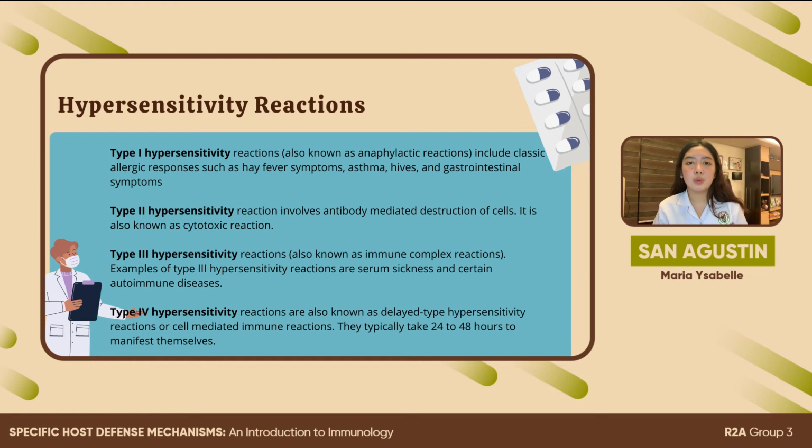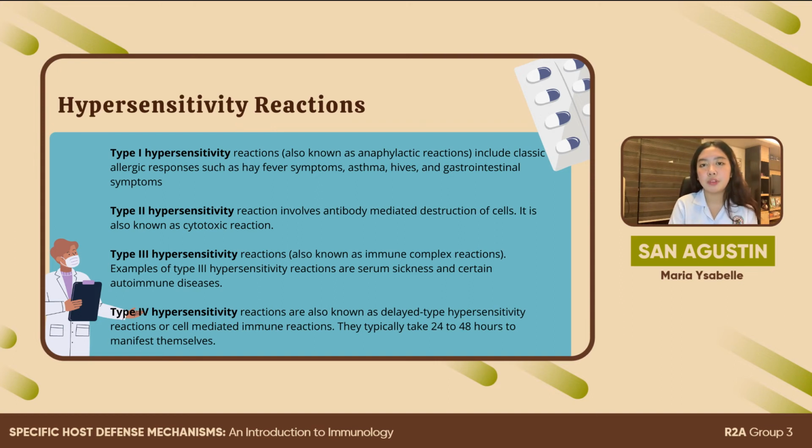It is also known as the cytotoxic reaction. And in this hypersensitivity reaction, a specific antibody, the IgG or IgM, binds to the cell surface antigen and destroys the cells. And if the cell is a microorganism, killing of the cell is beneficial to the host. However, in type 2, the cells are the body's own, such as RBC.